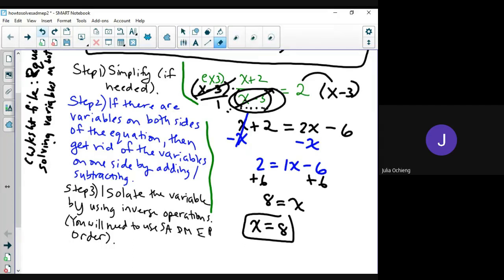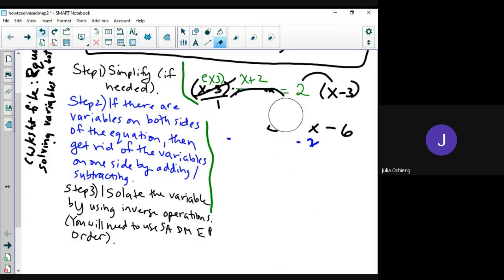All right, last example that we will do together. And this one's not hard, just wanted to do one more with a fraction in it.